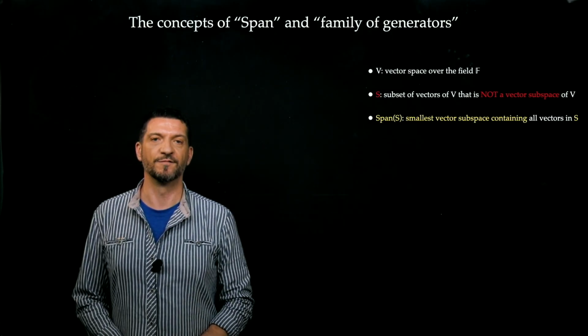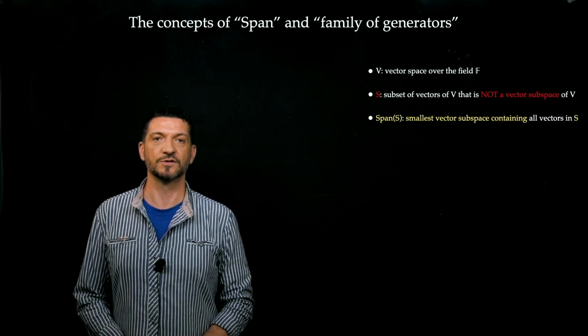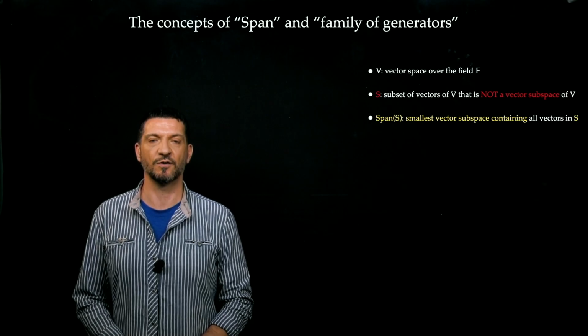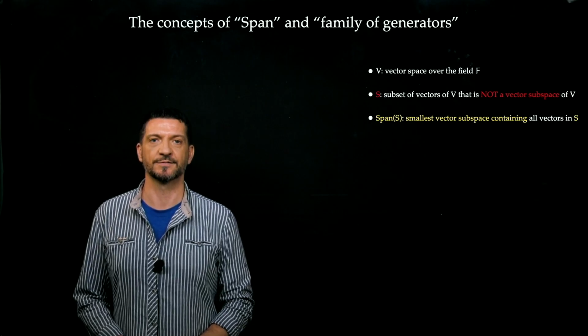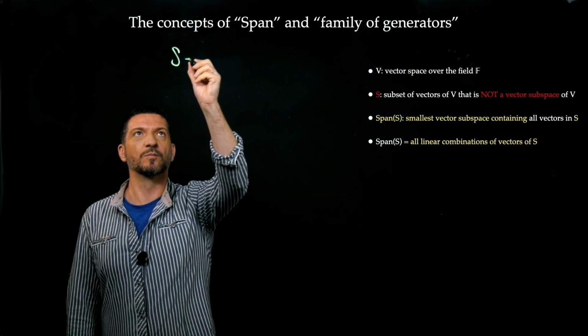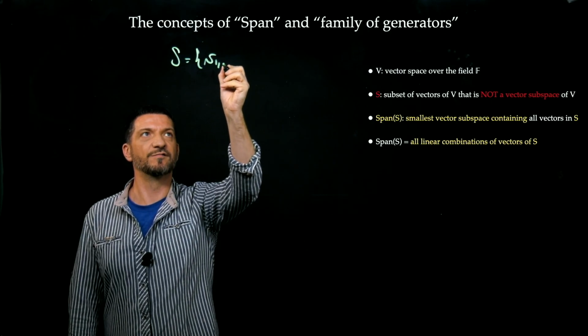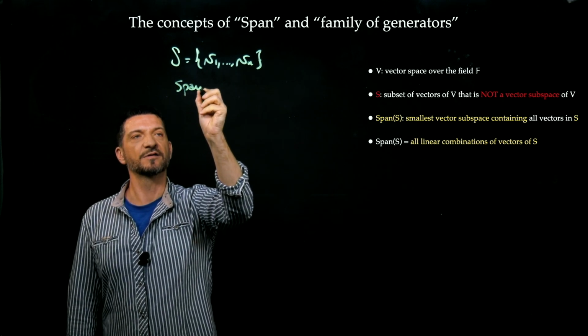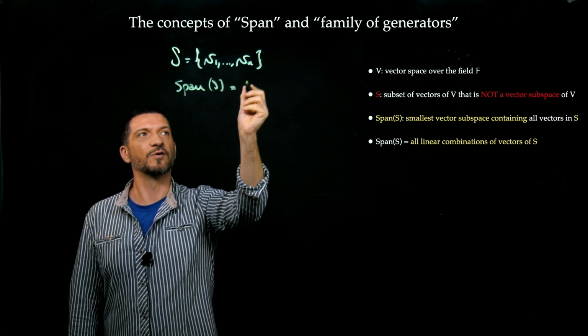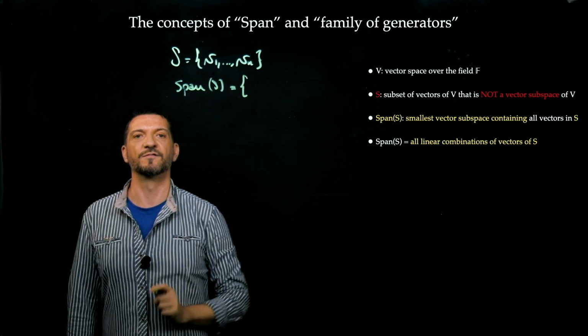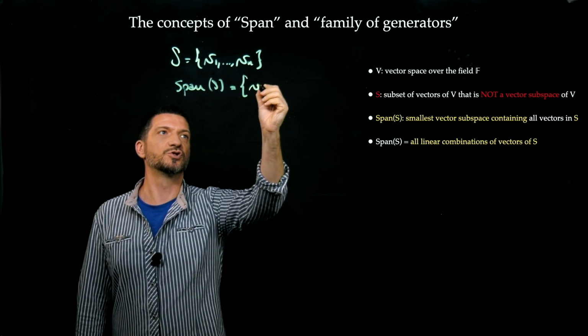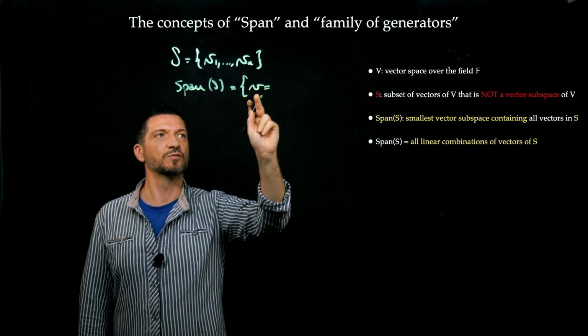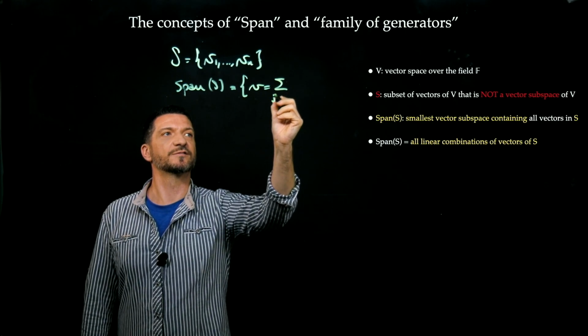The span of S is by definition the smallest vector subspace of V that contains S. If S is composed by vectors, say v1, ..., vn, then the span of S is given by all the possible linear combinations of these vectors here. And so the generic element of span of S will be the vector written like this.